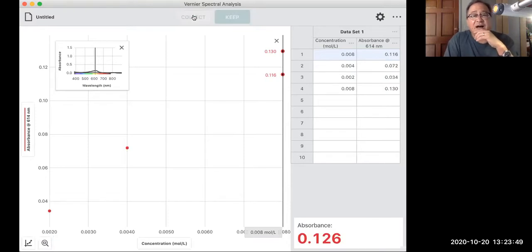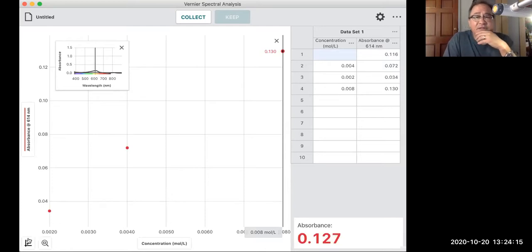We're going to do a stop. Now let's see if it'll let me get rid of that point. So I'm going to hit delete, delete. Okay, there we go. So we got rid of that first point. The concentration is not there, so the point is no longer on our graph.